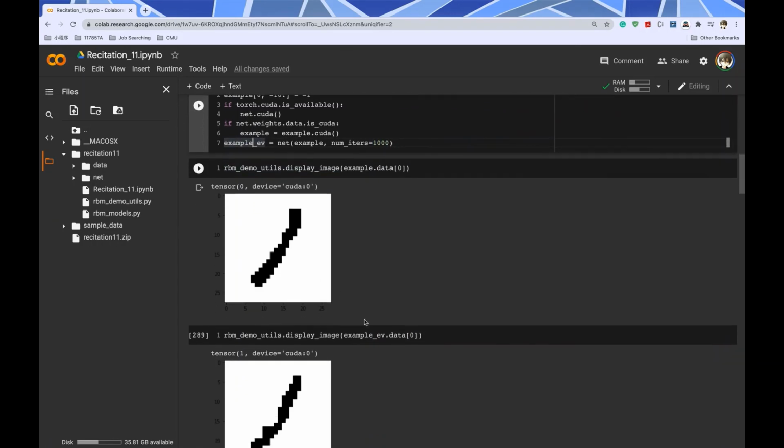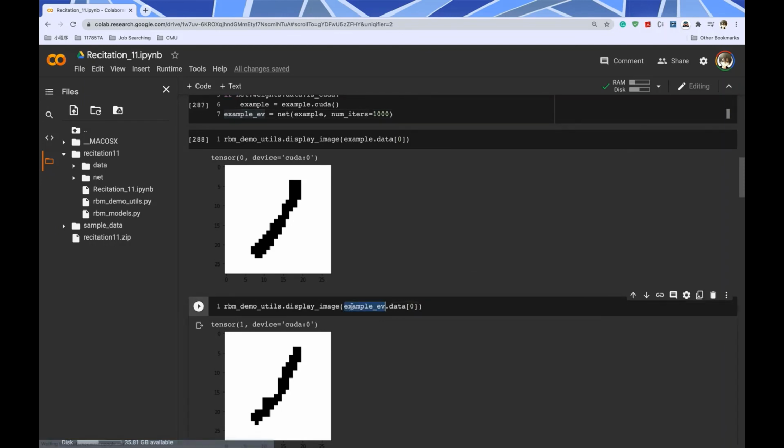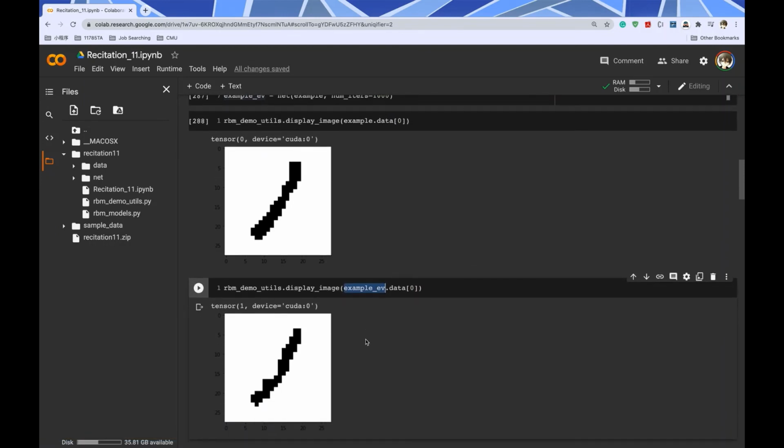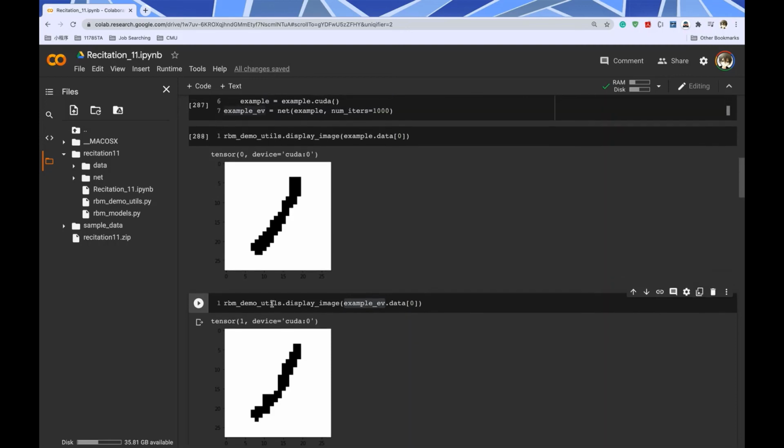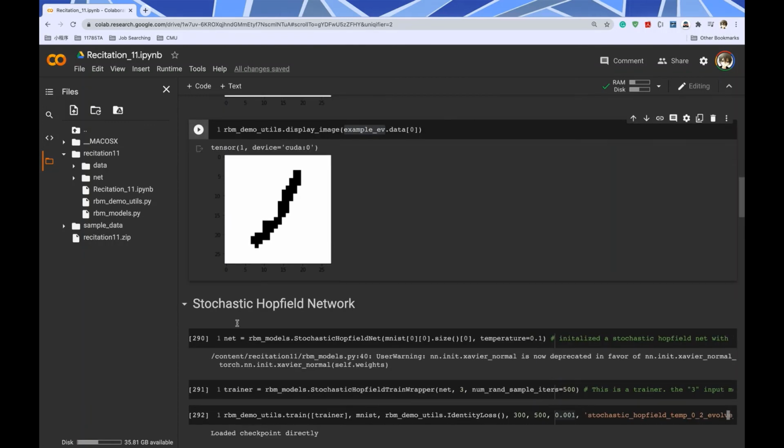If we plot the example EV, we can see the image is the same as the original one, but the one hot vector is restored.